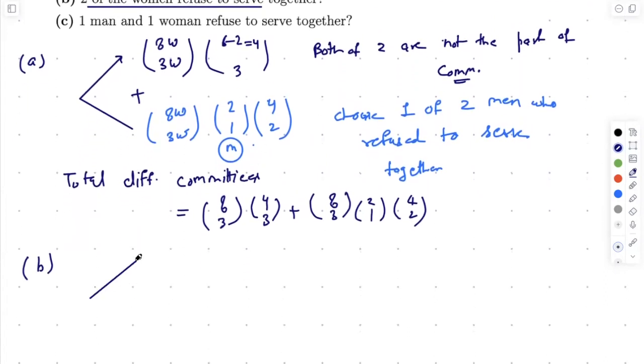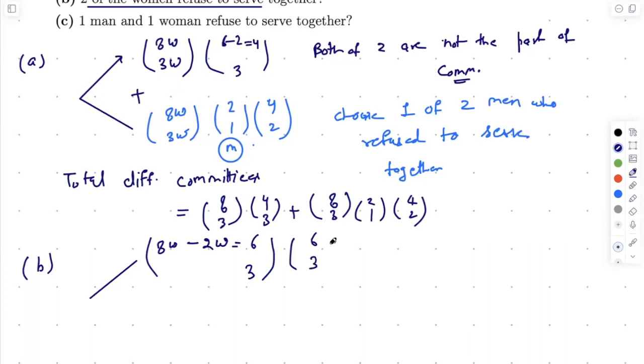So what may be the situation here? Out of 8 women, let me just eliminate these 2 women who refuse to serve together. Now, how many women do I have? 6 women, and they don't have any issue with each other. They can work. Out of these 6, let me just take 3. And the remaining 6 men, they don't have any issue.